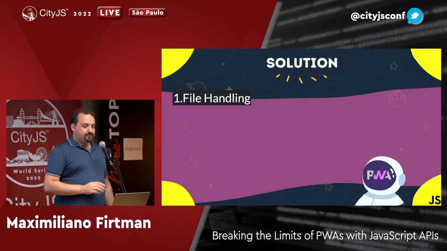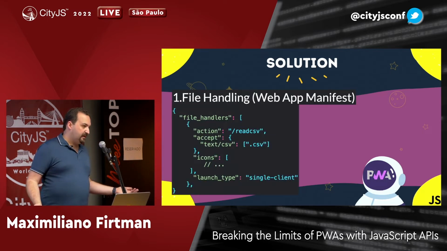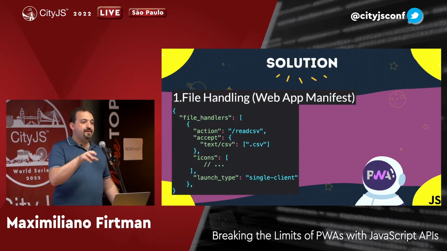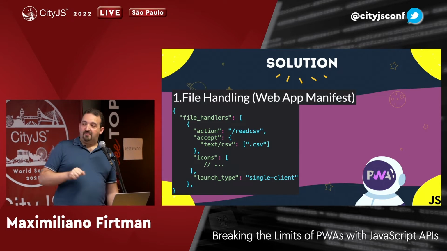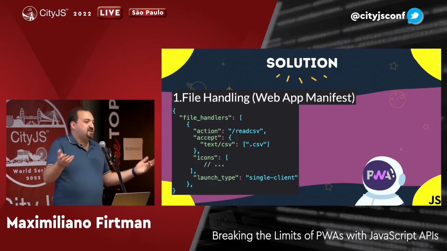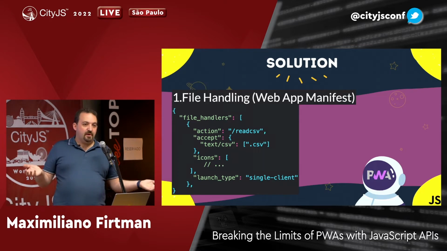File handling. This is another capability that we can set in the web app manifest. In the manifest, we can say that our app can now read some special types of files. For example, I can say that I can read CSVs, comma separated values, or PDFs, or PNGs, so I'm a PNG viewer.